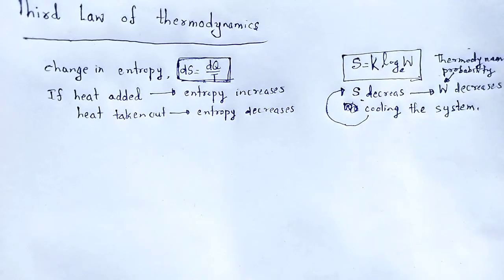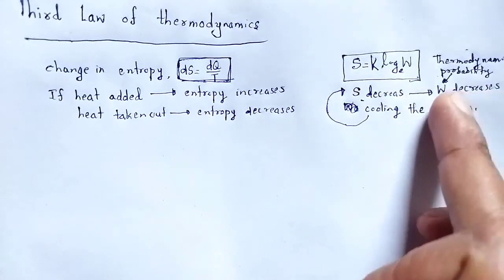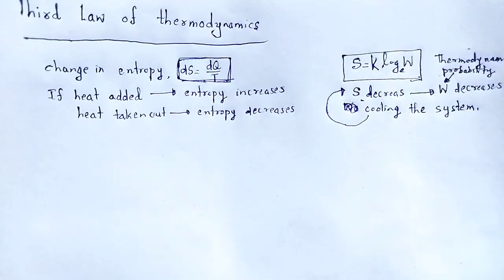When we cool the system, S decreases, then the thermodynamic probability also decreases, and the lowest value of the thermodynamic probability W can be equal to 1.